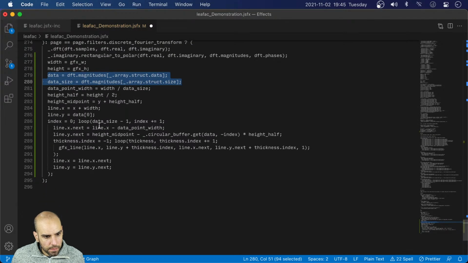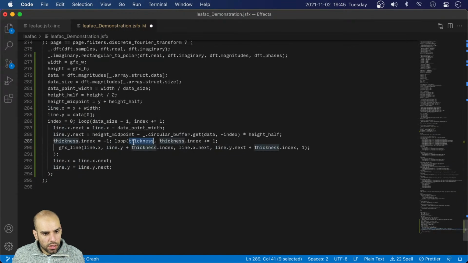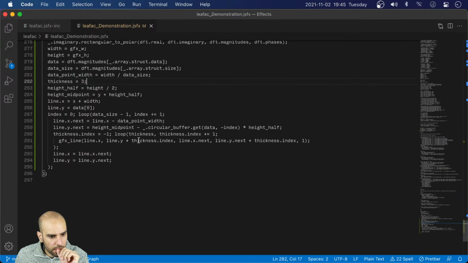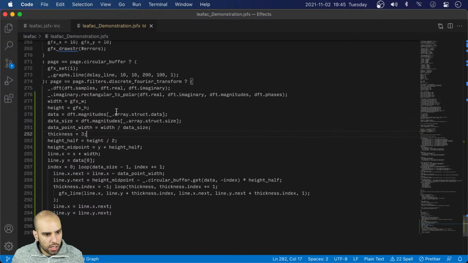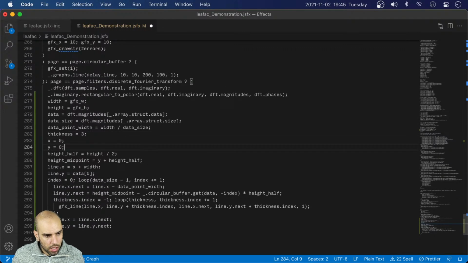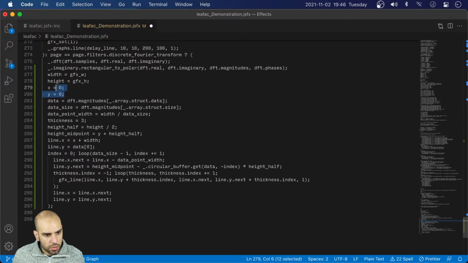Then all this line situation seems right to me. And then we also need a thickness. I'll do a thickness of like 3. I'll move this up. We'll also need X and Y. I'll move this up as well.